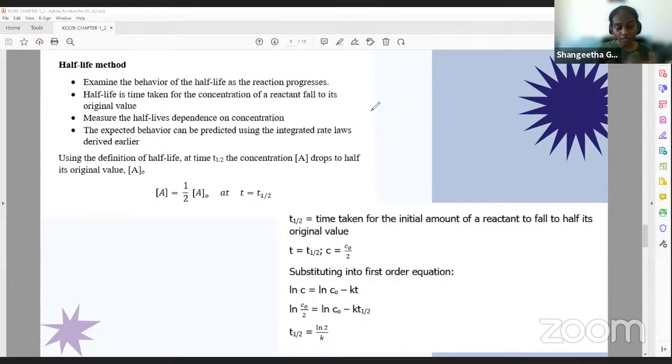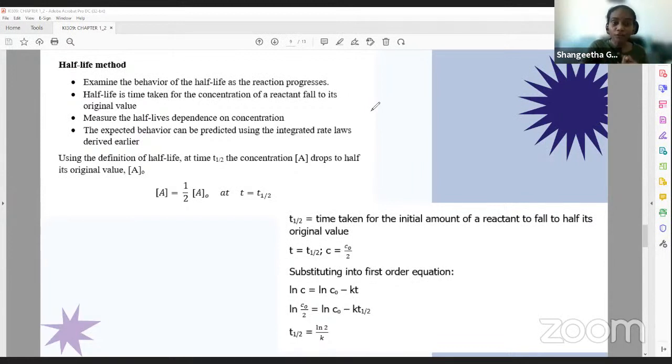So you must be able to connect your first order reaction and the half-life method for first order. Like I mentioned at the start of the lesson, today we are going to learn two methods for first order: the integrated rate law method and the half-life method.